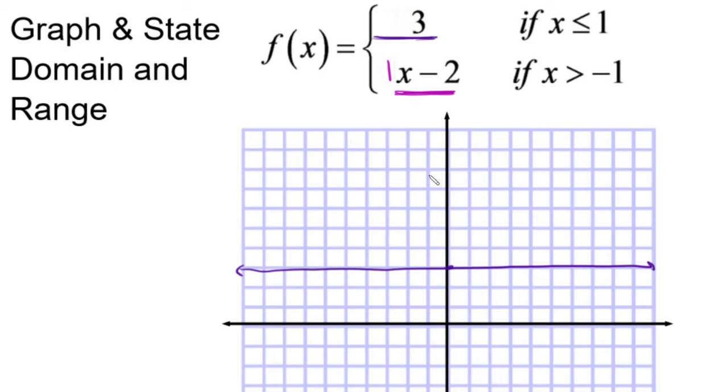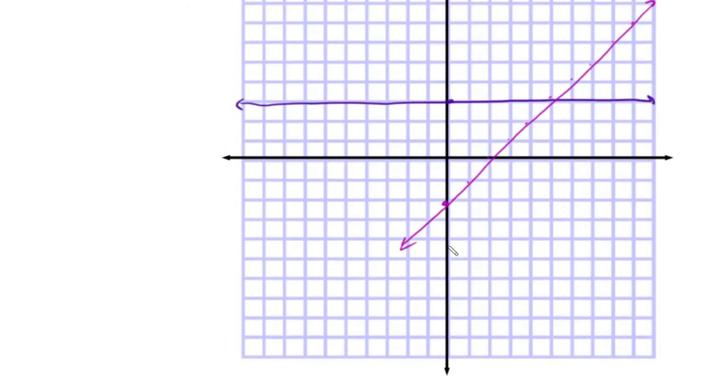Y equals mx plus b. Slope of -2, or wait, y-intercept of -2, slope of 1. That's a little off, but whatever. Okay, so let me zoom down and keep going here.